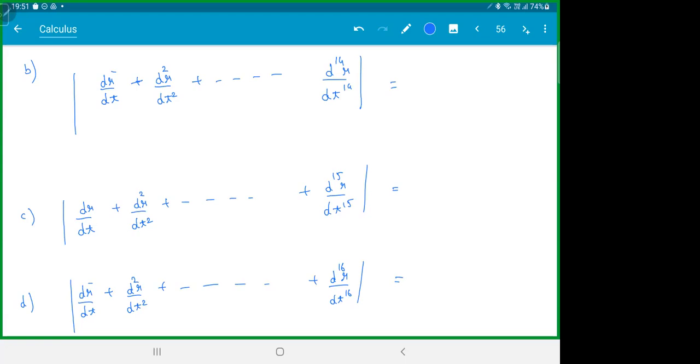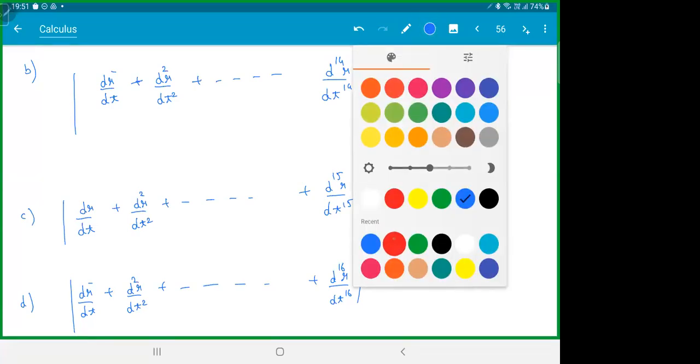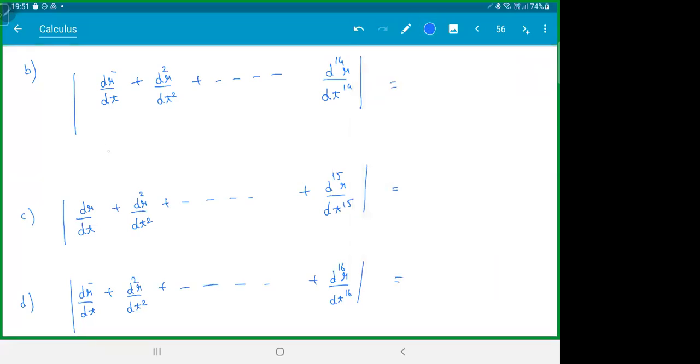So what do we do here? If you see a set of 4, 1, 2, 3, 4 will cancel. So in the end you're only left with 13 and 14, right? And remember, these are 2 vectors of magnitude 1, both perpendicular. So you'll get root 2. Are you getting it? You can't add 1 plus 1. These are 2 vectors which are perpendicular to each other.